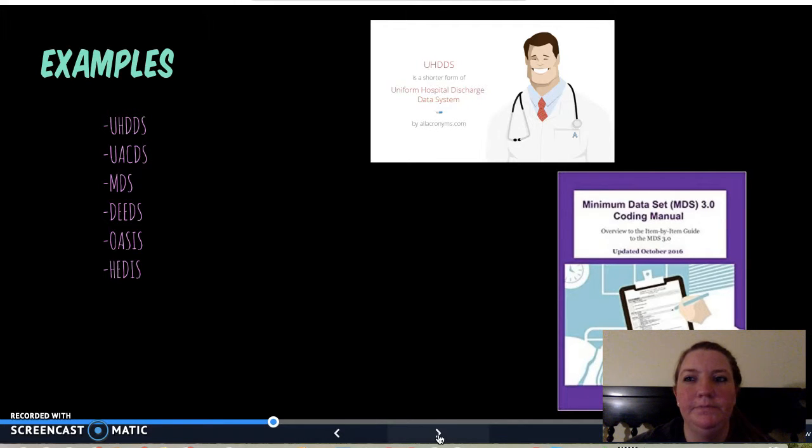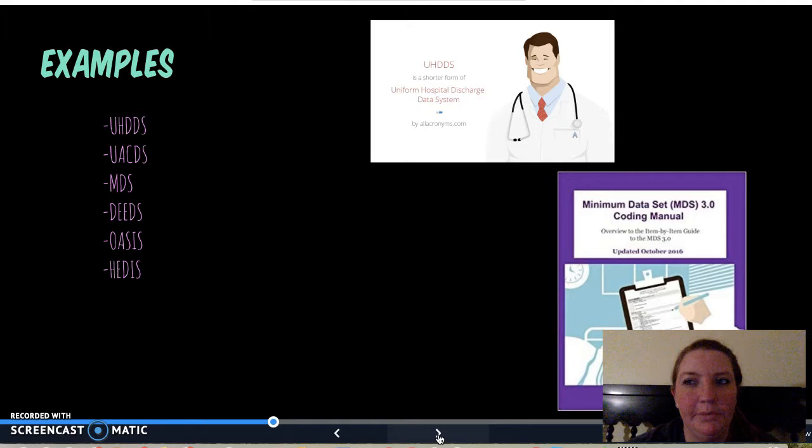This defines a set of common uniform data for every hospital to go by. So this standardizes the uniform discharge data set. The next data set we have listed is the Uniform Ambulatory Care data set. Again, a uniform data set for ambulatory care.